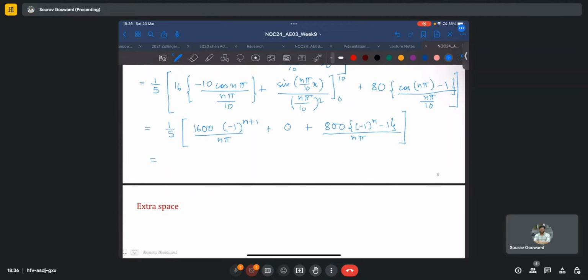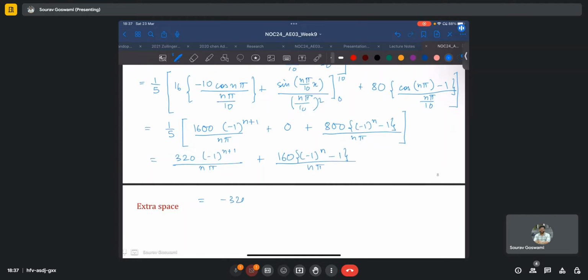1600 by 5 is 320 times minus 1 power n plus 1 by n pi, plus 800 by 5 is 160 times minus 1 power n minus 1 by n pi. And if we add these two, one is minus 1 power n, one is minus or 1.